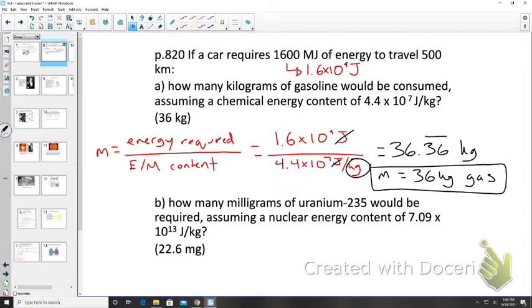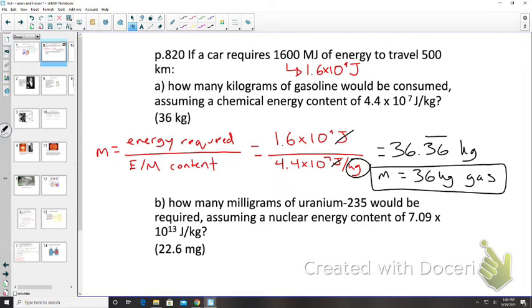Now, if you're saying, Mr. Jones, why aren't we using E is equal to mc squared here? Well, for gasoline, when we are burning gasoline for fuel, we're not disrupting the atomic structure of gasoline. We're just breaking the bonds of the gasoline molecule. So we're not really doing a nuclear reaction when we're burning gasoline, but we're more so breaking the bonds within that.